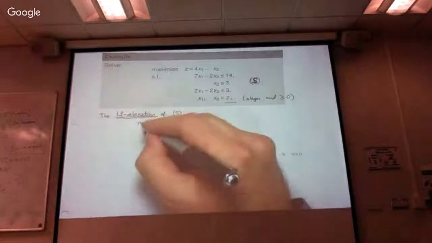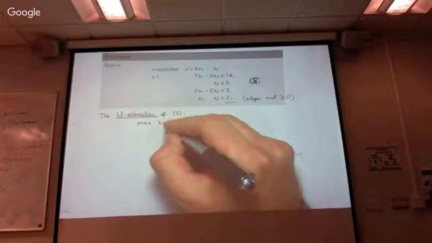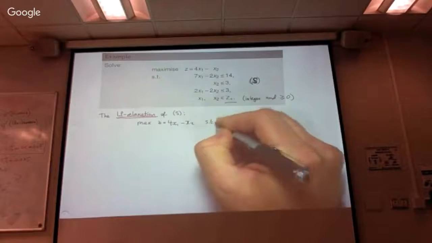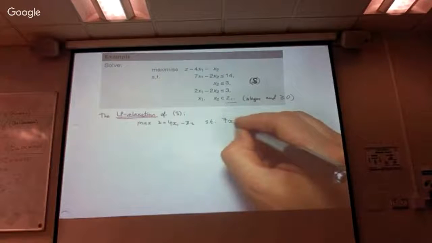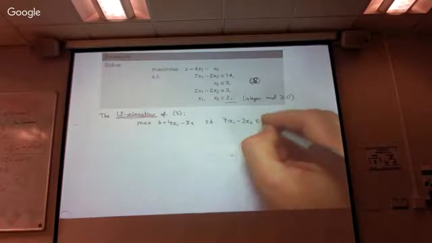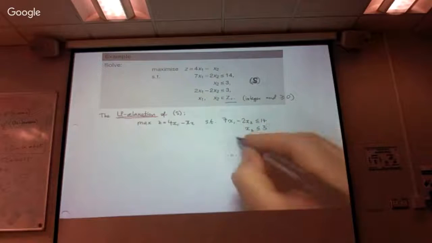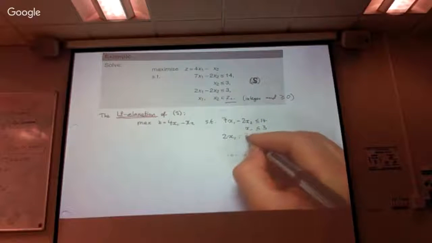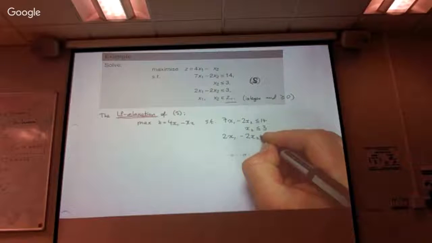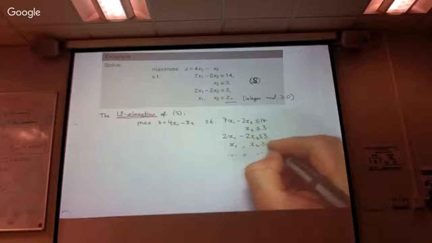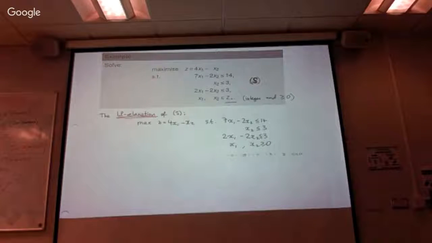So it's to maximize the same objective function subject to the same constraints, but you don't have the integer constraint.